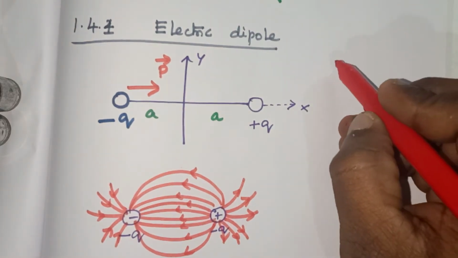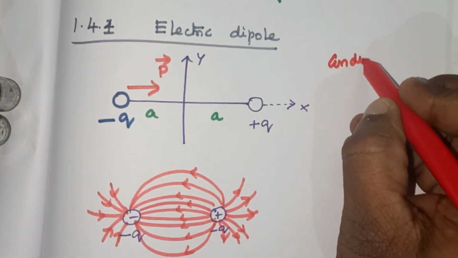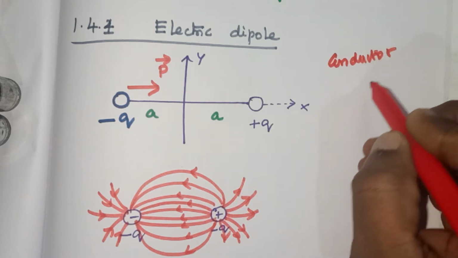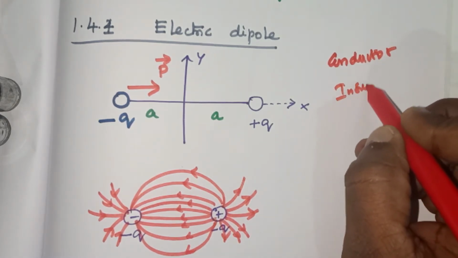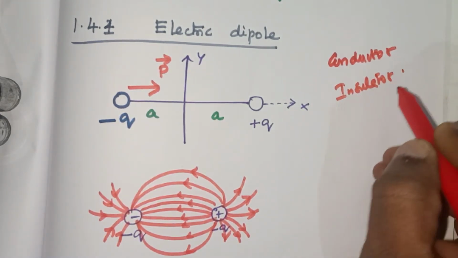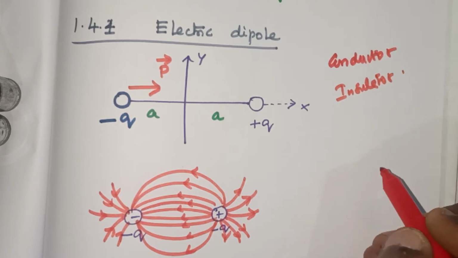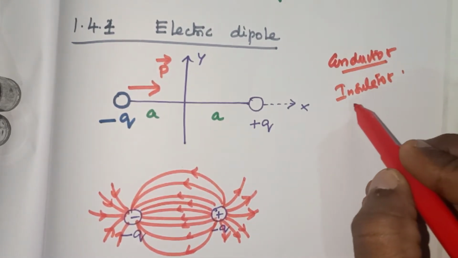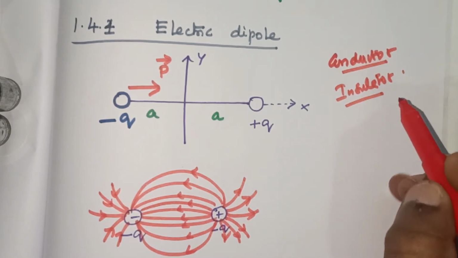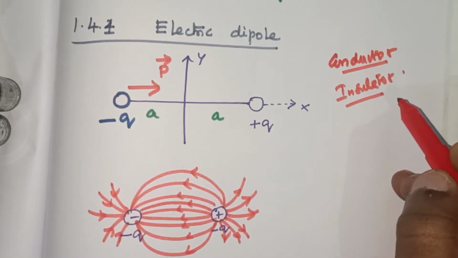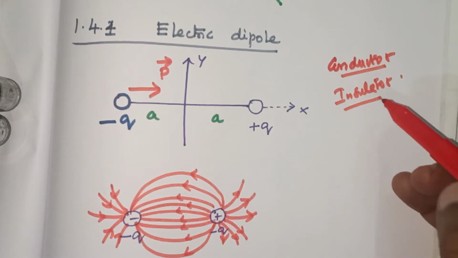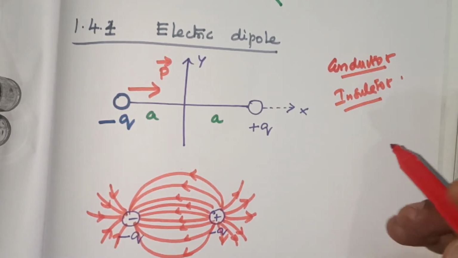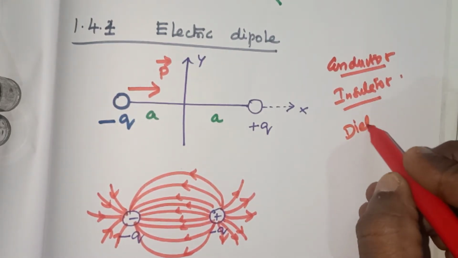One is called conductors, another one is called insulators. What are conductors? They conduct heat and electricity. What are insulators? They don't conduct heat and electricity. One of the main parts of insulators is called dielectrics.